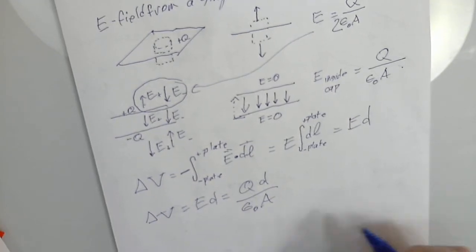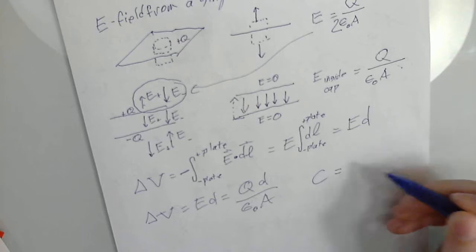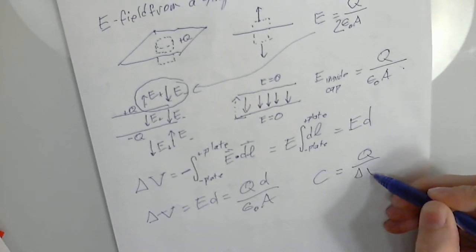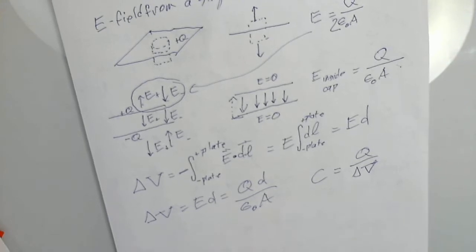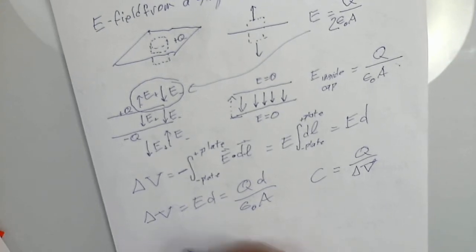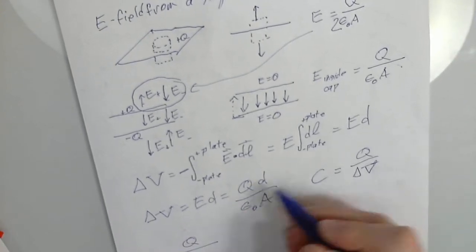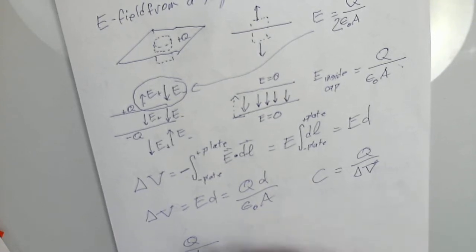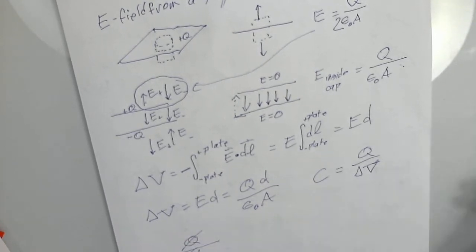All right. The capacitance is defined as the charge divided by potential. All right. And so I'll put in my expressions for each. Q over, and now my potential equation, Q d over epsilon naught A. And sure enough, the charges cancel.